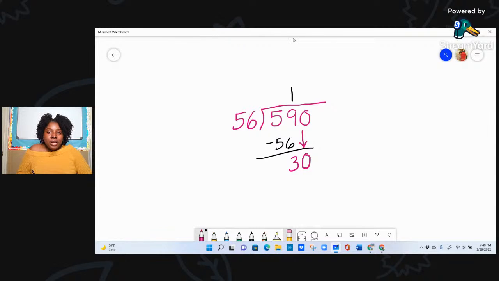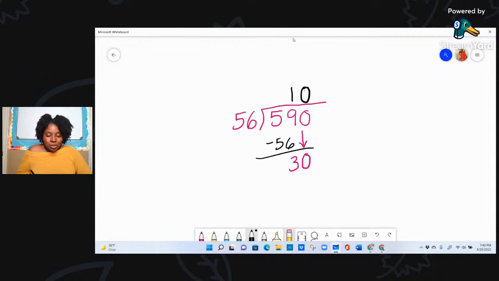So what do I put above this 0 if 56 can't go into 30? Nice, Patrick. We're going to put a 0. We have to put something above here to show 56 cannot go into 30. Now, I'm out of numbers.